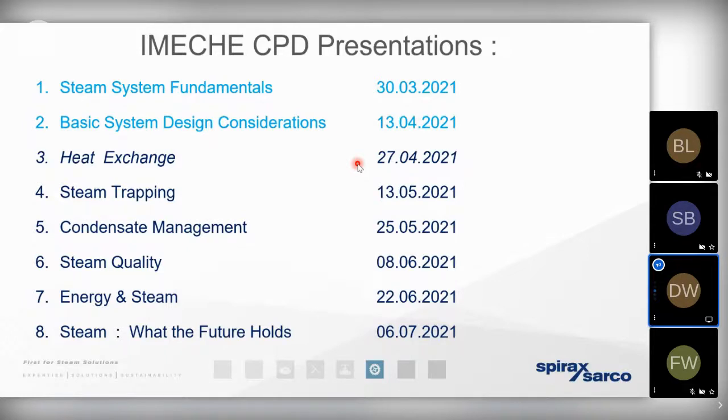Certain meters can be installed unobtrusively. Certain meters will need a certain amount of conditioning ancillaries to be used. It also depends whether we're metering the boiler water, the steam, or the condensate itself. There are a number of different considerations, but again, we will look at those in a little bit more detail on the 22nd of June.